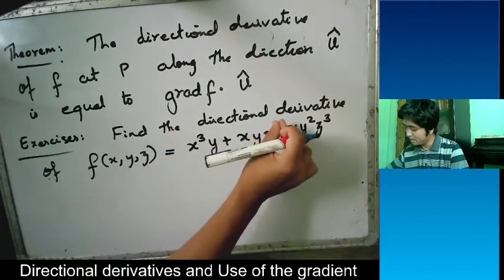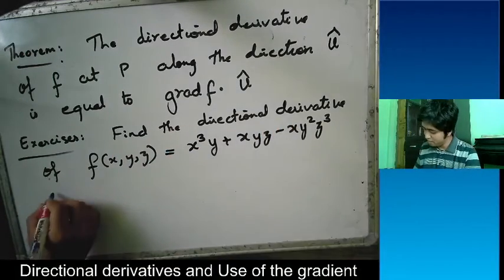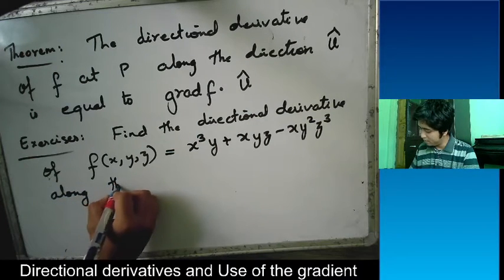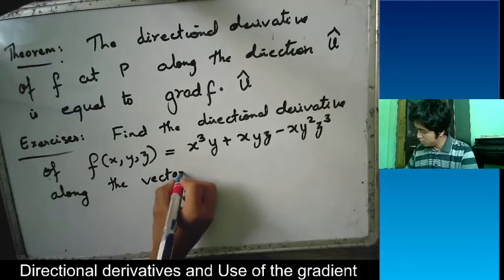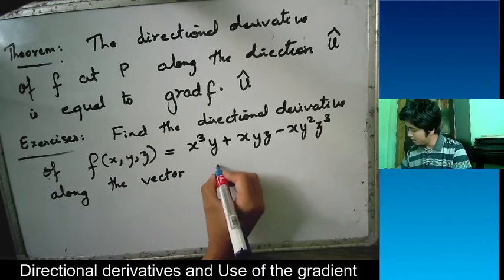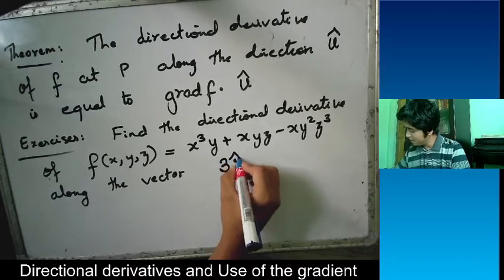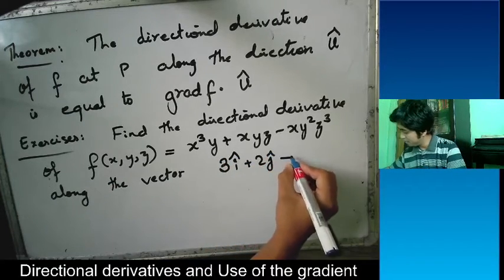So find the directional derivative of the scalar function along the vector, let us just make up a vector, 3i plus 2j minus k.